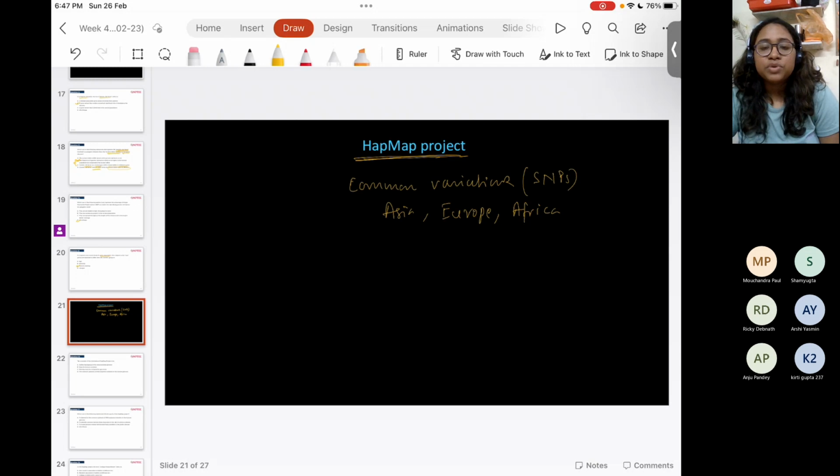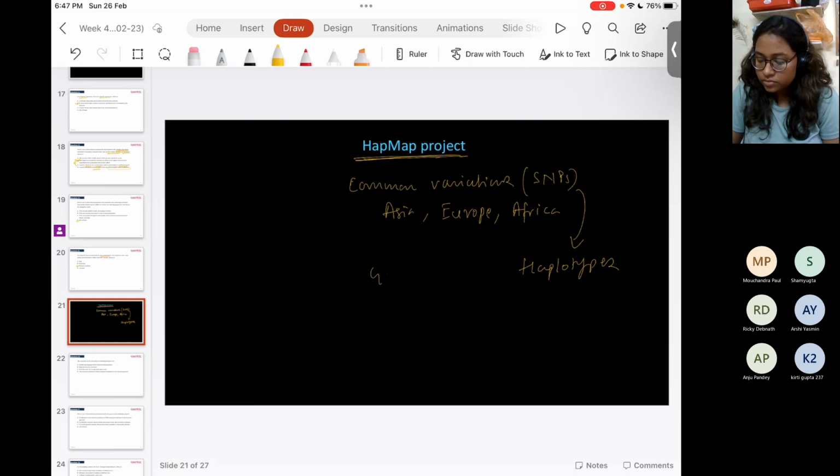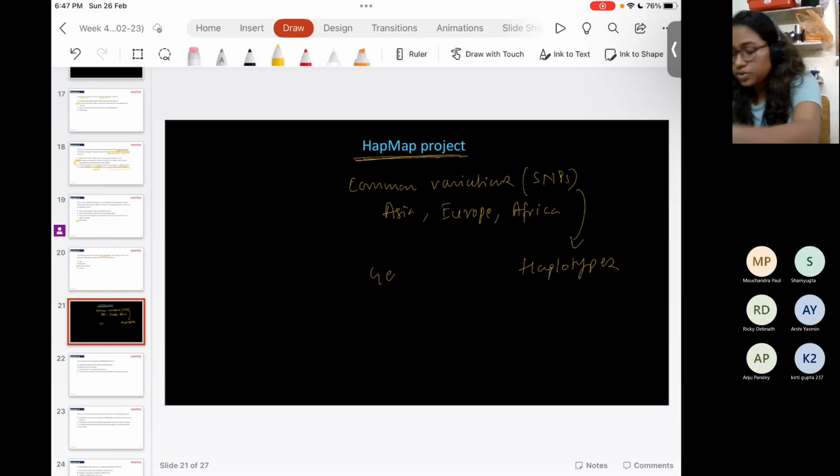And people also identified haplotypes, which are nothing but the genetic sequence which is identified as the risk factor. So haplotypes are again markers.